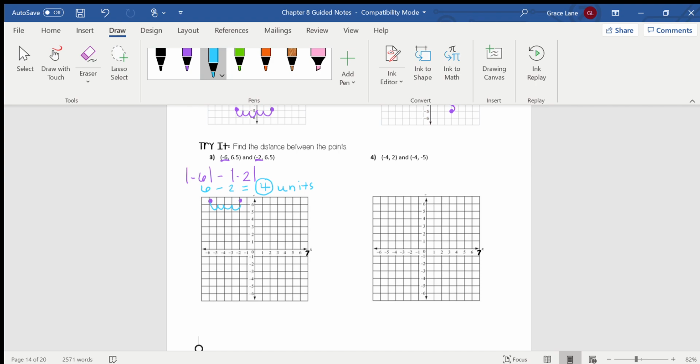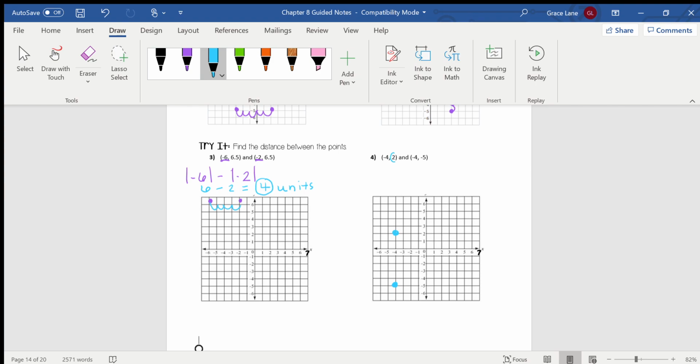And then the second one, plot your points, -4 and 2, -4, -5. So they're in different quadrants, so you would be adding the absolute value if you chose to do that.